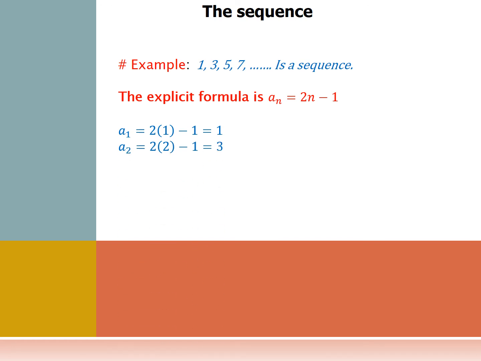For the second term, 2 times 2 minus 1 is 4 minus 1, which is 3. For the third term, a3 is 2 times 3, 6, minus 1, which is 5. a4 is 2 times 4 minus 1, which is 8 minus 1, which is 7, till an is equal to 2n minus 1. So this is the explicit formula of this sequence.